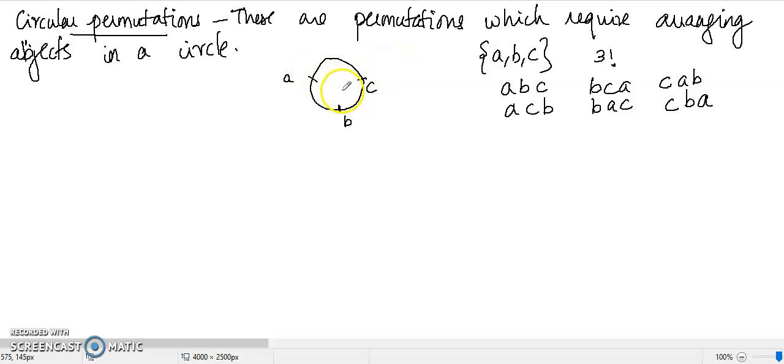So when I am arranging the objects like this, let me read the arrangement in the anti-clockwise direction. So this is the arrangement ABC and that is equivalent to BCA and that is equivalent to CAB.